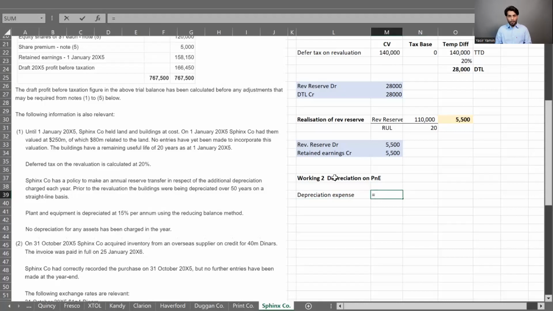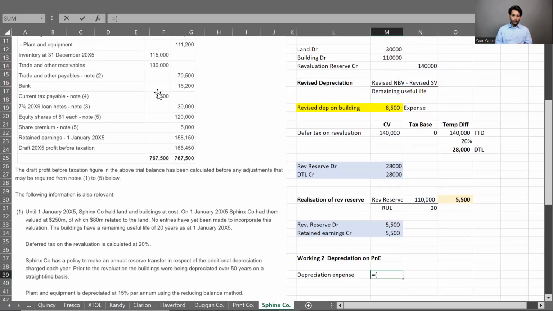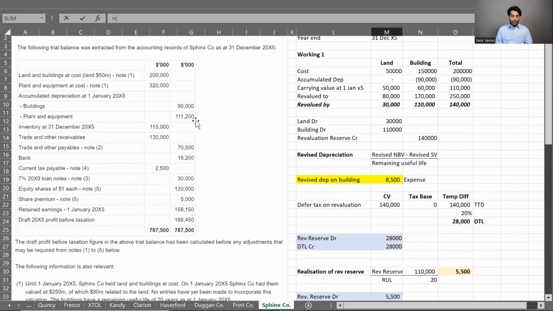And how do you calculate your net book value? Cost minus accumulated depreciation. So if you go above, you have a cost of 320,000 of plant and equipment, and you have an accumulated depreciation of 111,200. So I'm just going to write it down, 320,000 minus 111,200. Here you can see the numbers being put up.